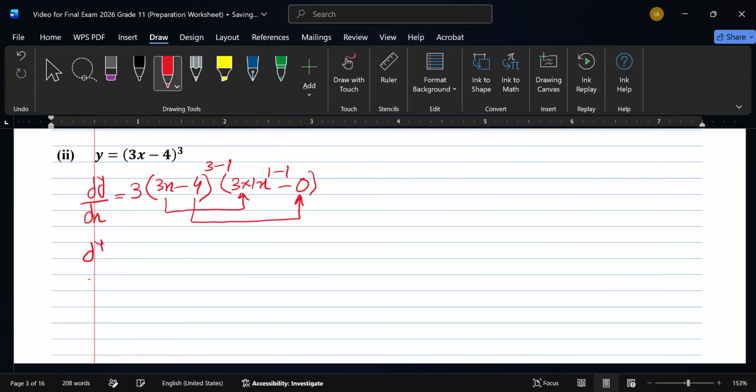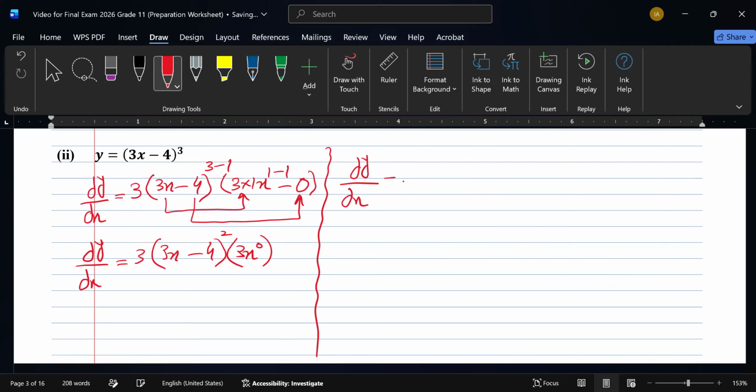So dy over dx equals 3 times (3x minus 4) to the power 2, and this is 3x power 0. So dy over dx, this is (3x minus 4) to the power 2, and this is 3.